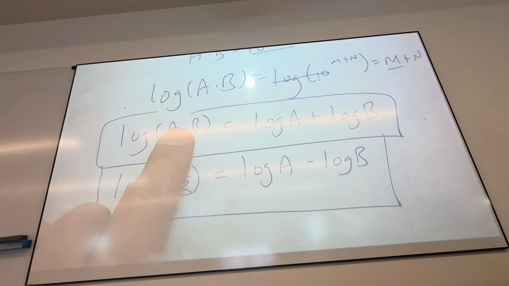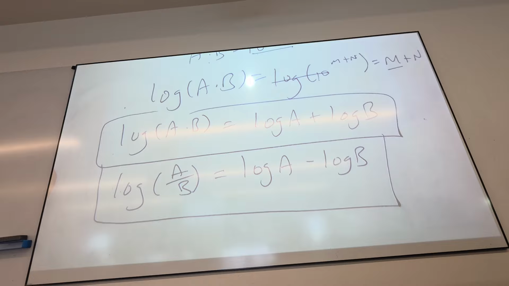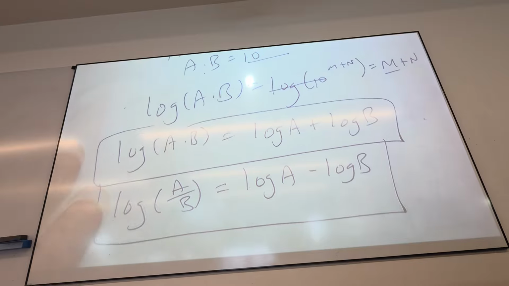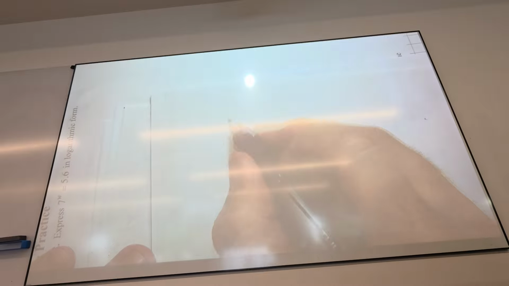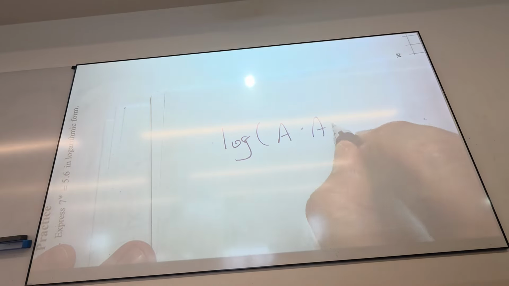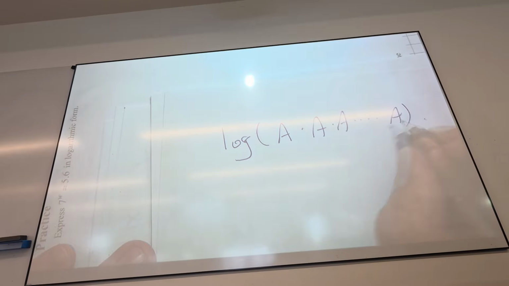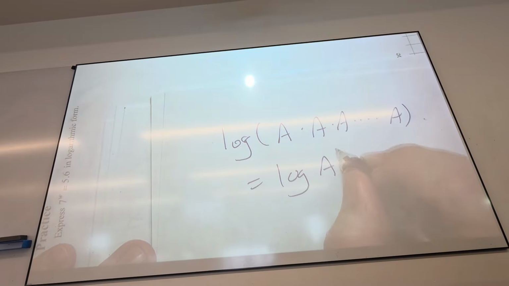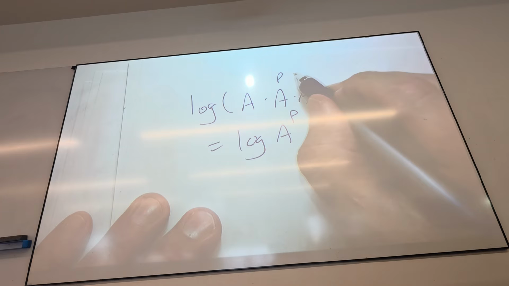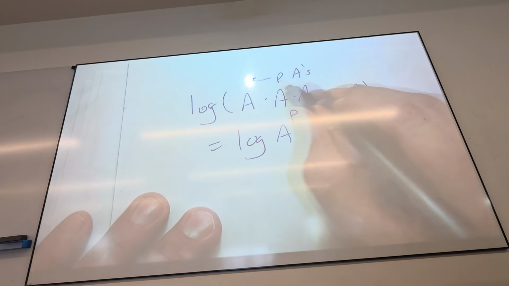Now, I want to go one more step. I want to investigate this guy. And this third one is the most important, but that means the second is the most important because it wouldn't exist without it. So here is the one we're going to use the most. What would log of A times A times A, basically what would log of A to the P be? Like if I have P of these A's, does it make sense?